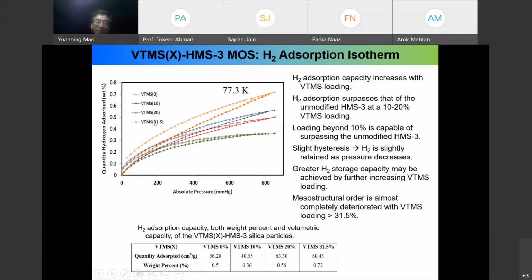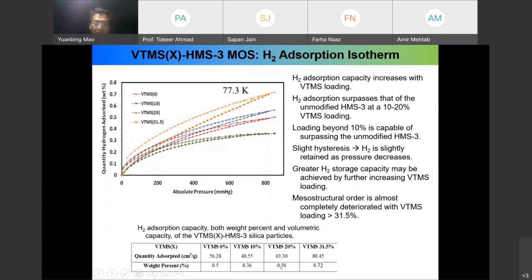We took these isotherms, again at liquid nitrogen temperature. For different samples, what we see is that the hydrogen adsorption capacity actually increased with the VTMS loading. So you see here that it increases, right?